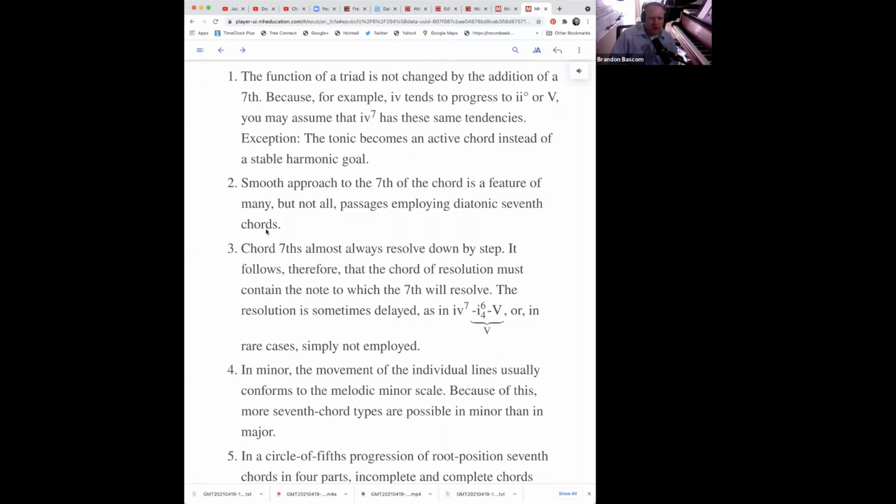They want us to approach each chord seventh with a passing tone, and the 7th of this chord is the G. So there's our passing tone that they want.